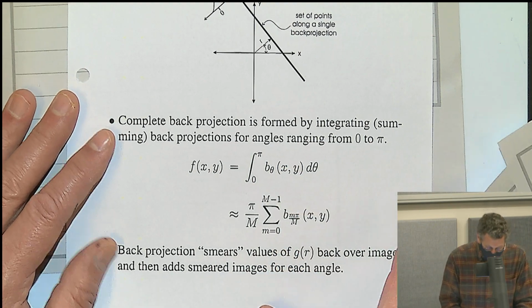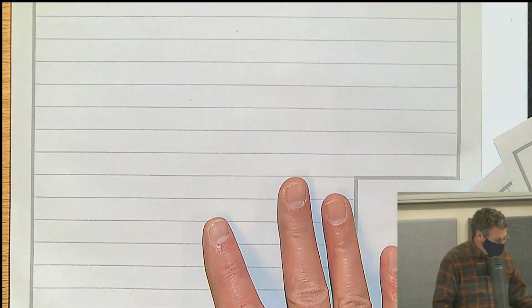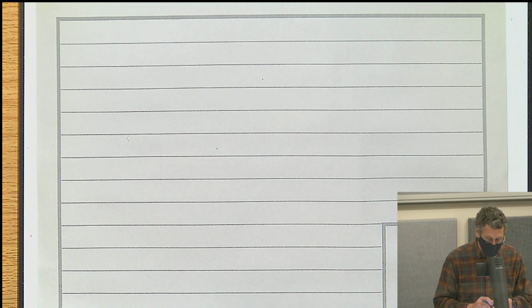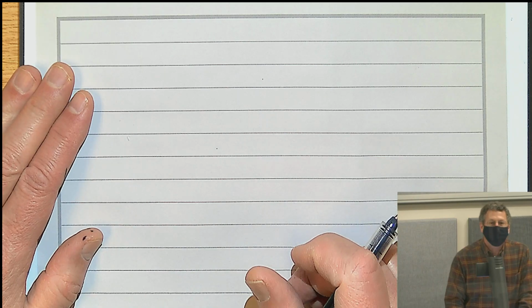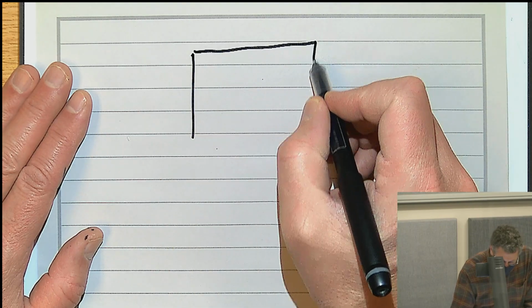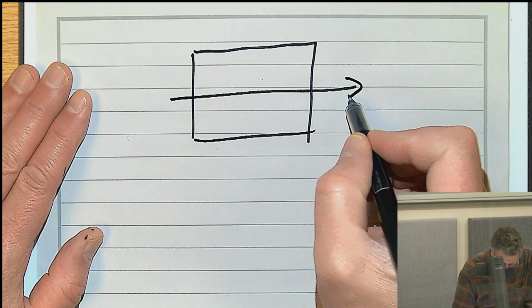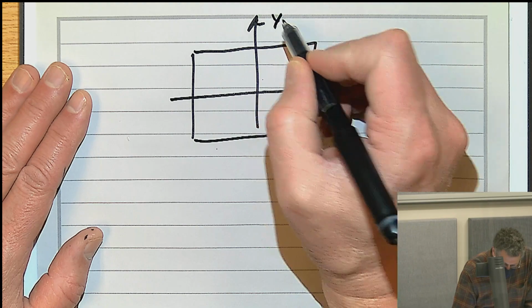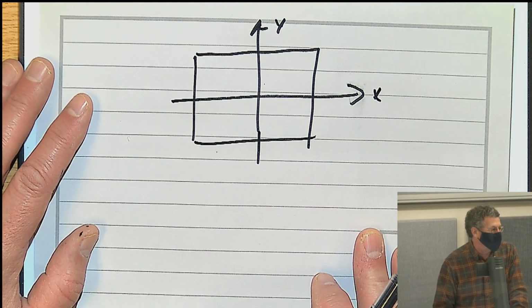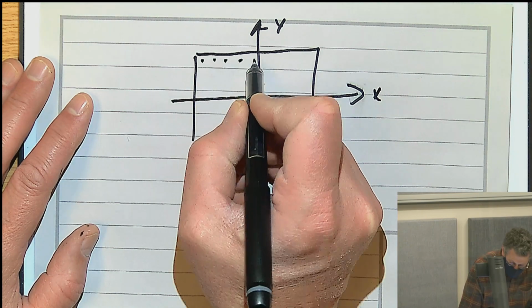And then an important question becomes, how many projections do you need? Well, there's a few different ways of thinking about it. This is y, this is x. Now, if you discretize the image, then you have discrete pixels.